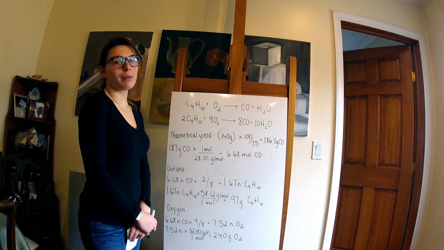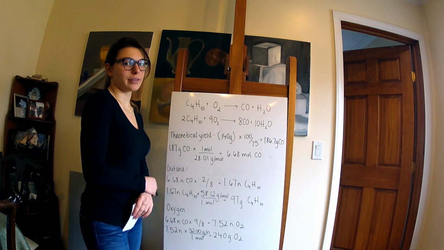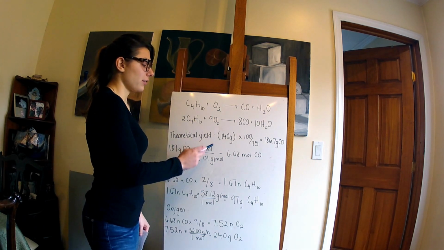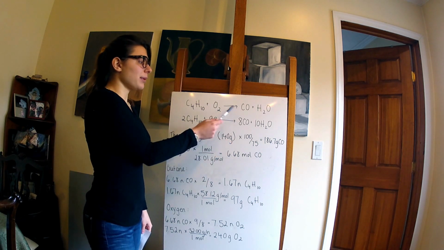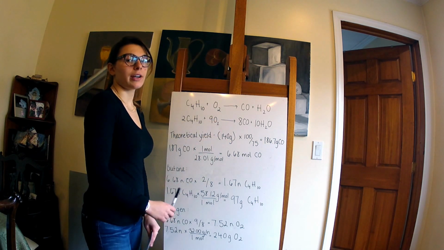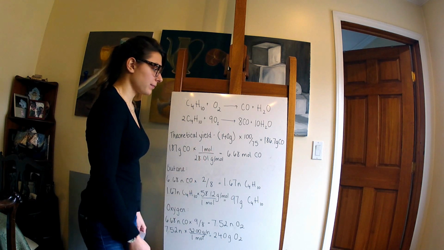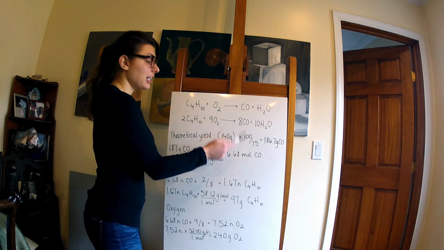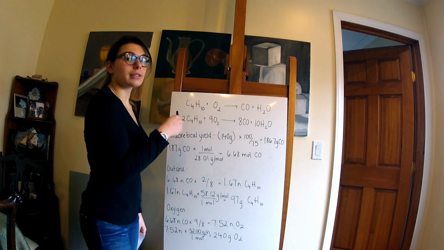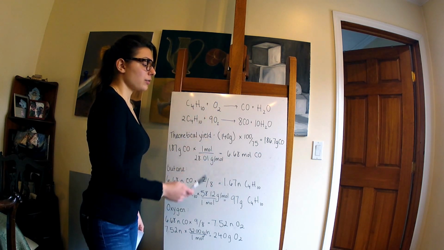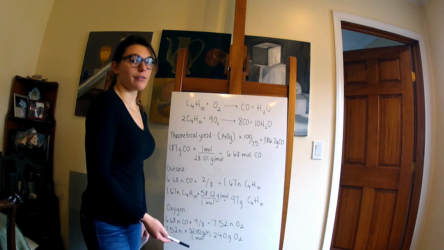To start solving the problem, first we have to find the theoretical yield. As given in the question, we have 140 grams of carbon monoxide from the reaction. With the 75% yield, we want to find out the amount lost in the reaction, so you would do 100 over 75.